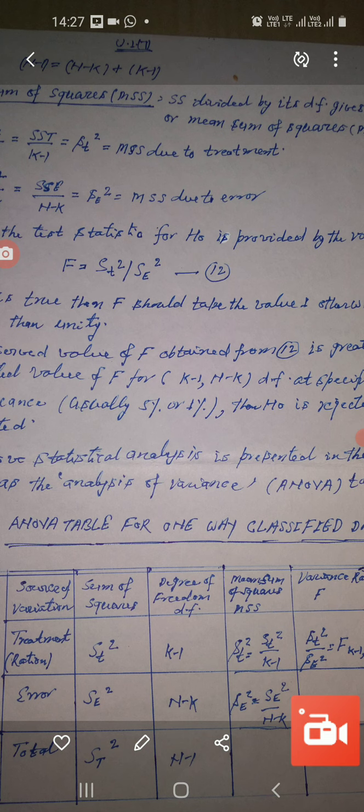Similarly, we will do it for two-way analysis. So we write the ANOVA table for two-way classified data, and we have 5 rows and 5 columns.